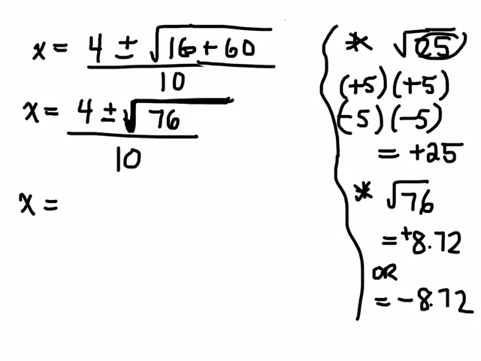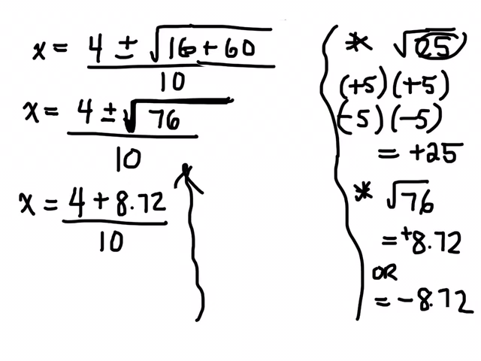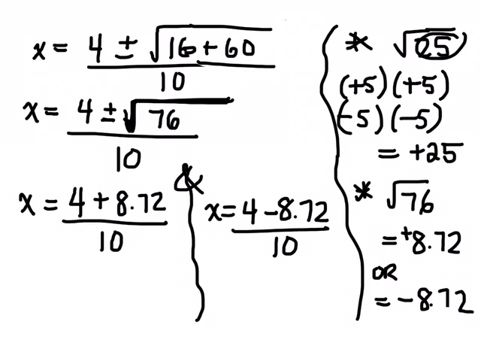So I'm going to branch this off into two parts. This is going to have two x-intercepts. Okay, so x is equal to 4 plus 8.72 divided by 10, and x is equal to 4 minus 8.72 divided by 10. Does that make sense so far? So what's 4 plus 8.72? 12.72 divided by 10.